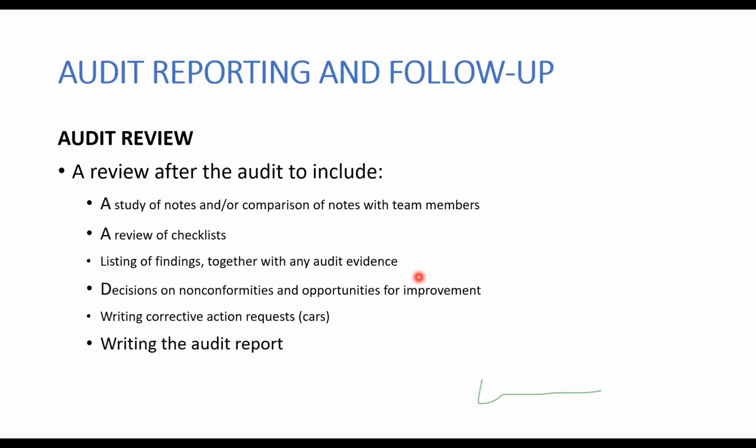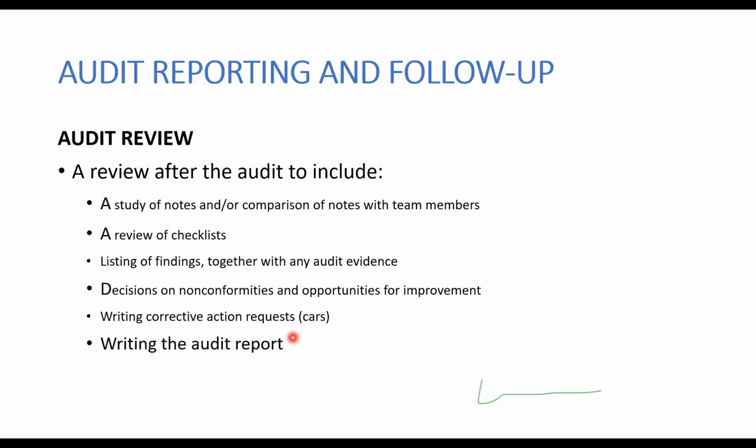So a review after the audit includes a study of notes and comparison of notes with the team members. For example, before the closing meeting, you are going to review the audit findings, the audit notes, a review of the checklist, listing of the findings together with any of the audit evidence. And then you are going to make the decision on non-conformities and improvement. You are going to write the cards, or we can say the non-conformity requests.